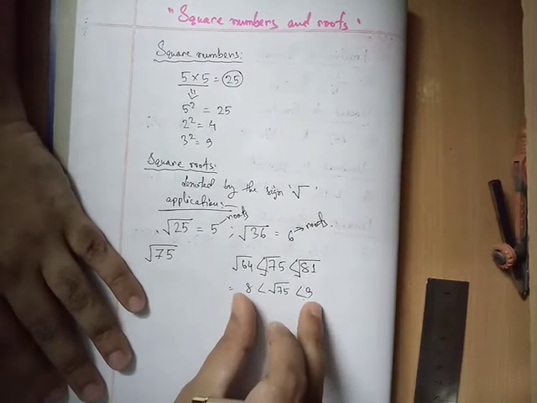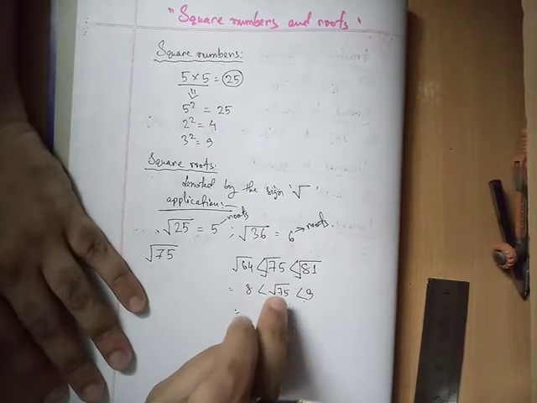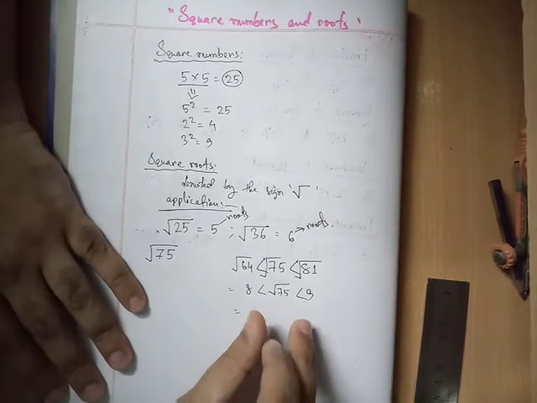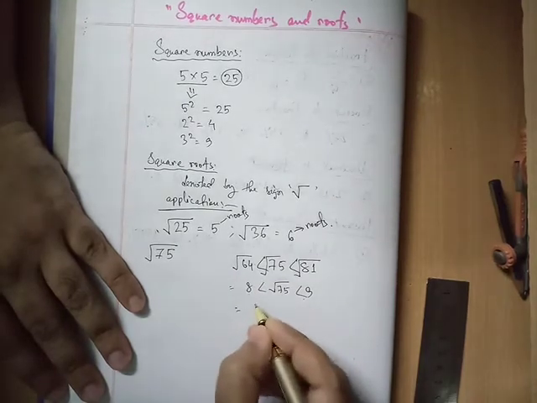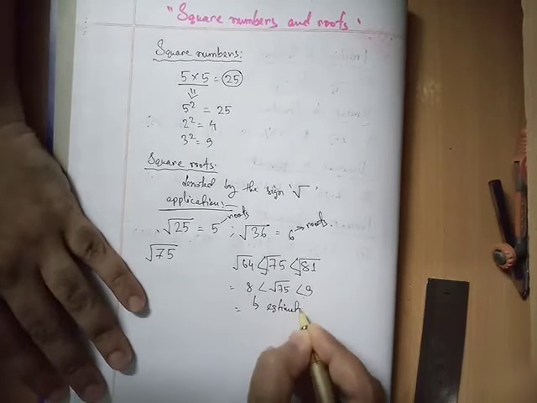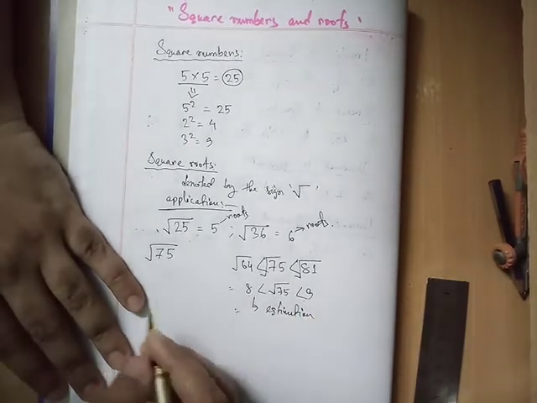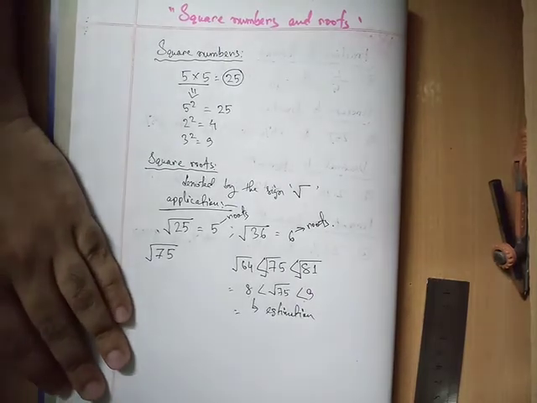We will first estimate the square root of 75. If I take the square root of 75, it will give me a number which falls between 8 and 9. So this is called estimation.